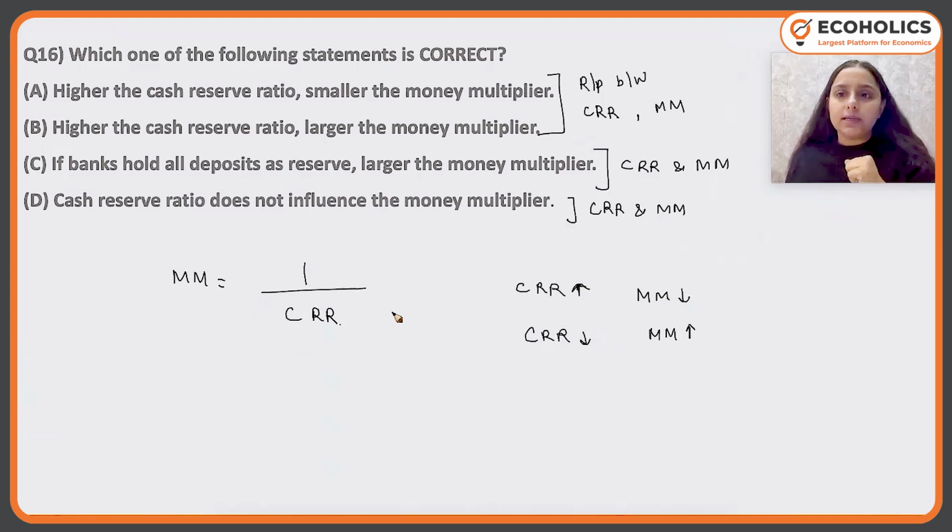Now, why is this the case? If we check economic theory, is it supporting? Yes. If the CRR is higher, that means commercial banks have to maintain a high reserve of deposits with them, and as a result, they can only lend out less money. So when the CRR is higher, money lending is going to decrease. Now, if the money lending decreases, what will eventually happen?